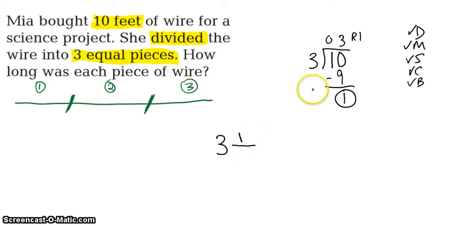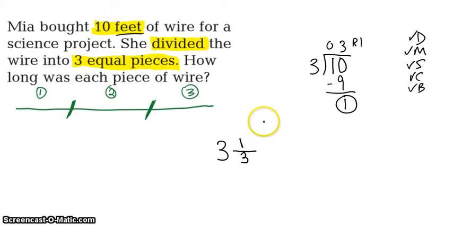And then we're going to make our fraction bar. And our denominator is going to be the number that we originally divided by, which is 3. So we have 3 and 1/3, and this is going to be feet. So 3 and 1/3 feet.